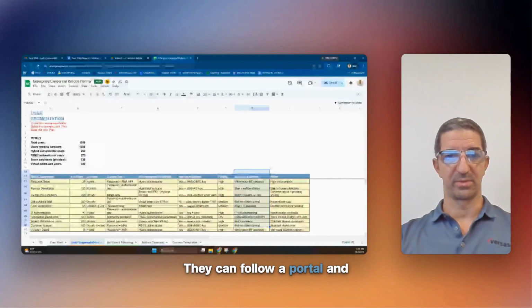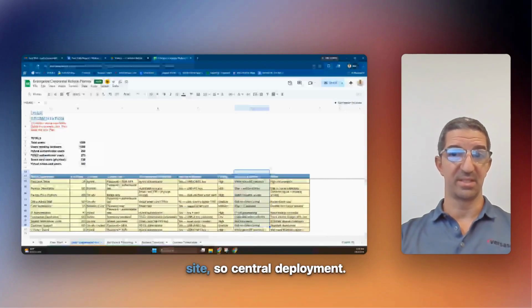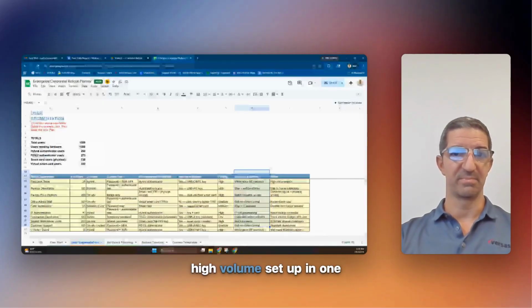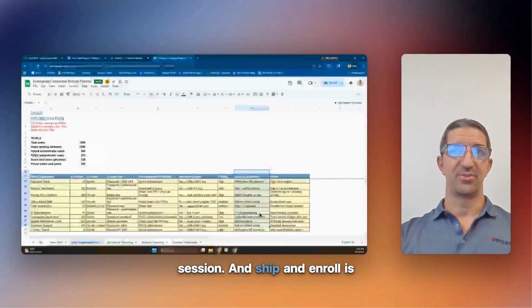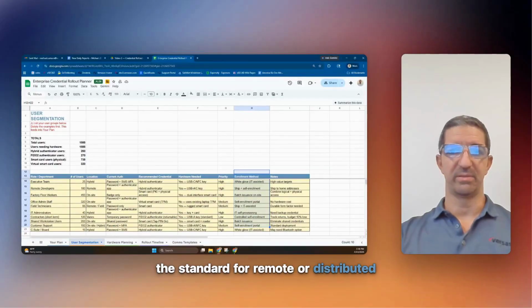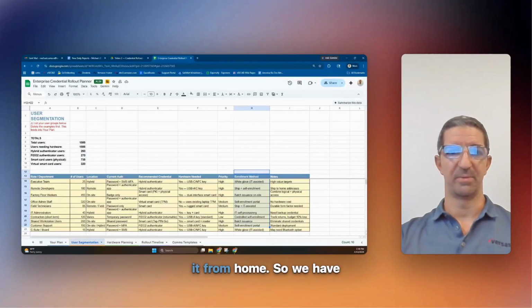They can follow a portal and prompts independently. Batch issuance is great for large groups at a single site, so central deployment. Factory floors might be an example, high volume setup in one session. And ship and enroll is the standard for remote or distributed employees who need to receive their hardware in the mail and activate it from home.